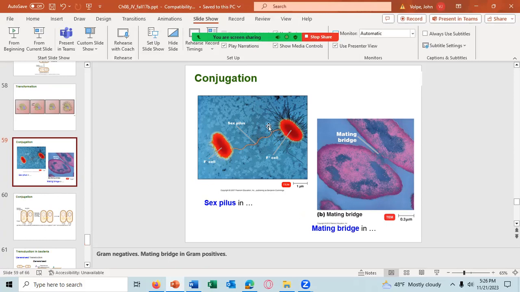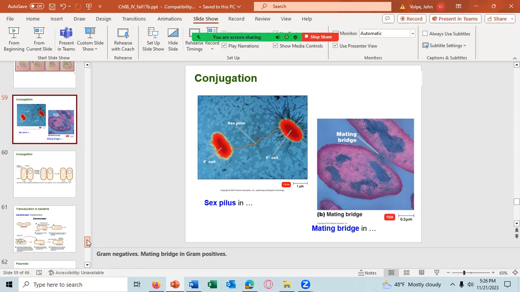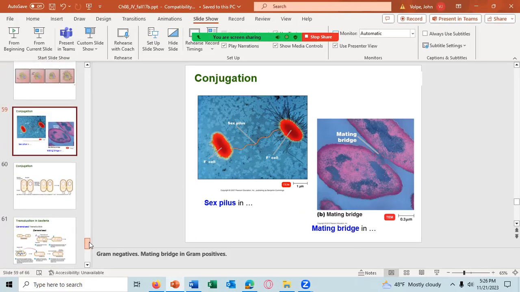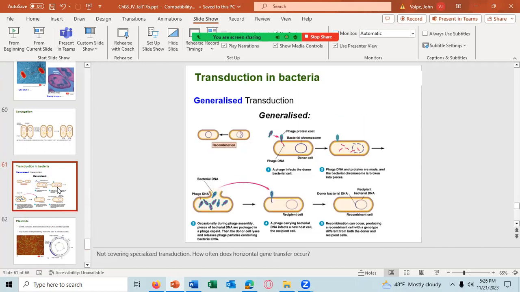And that always happens in the case of sexual conjugation in gram-negative cells, but it also happens in sexual conjugation of gram-positive cells. And it can happen with transduction, where a plasmid is put into the virus.